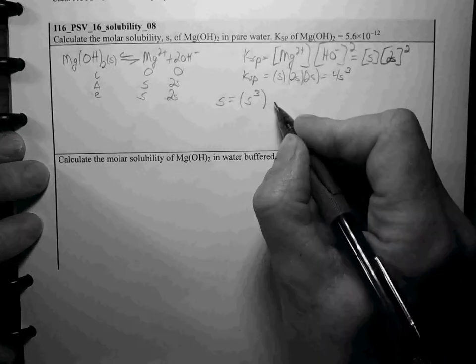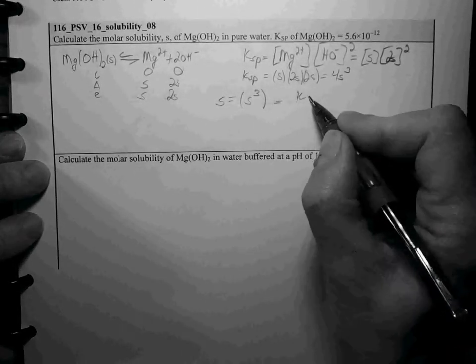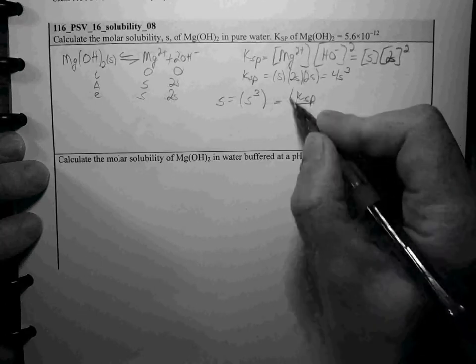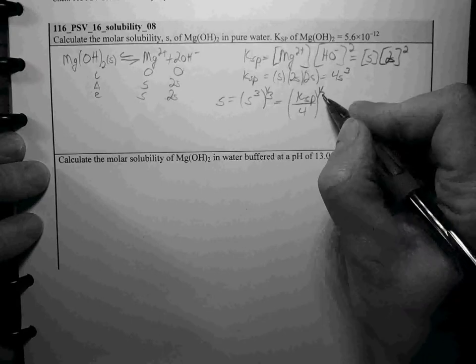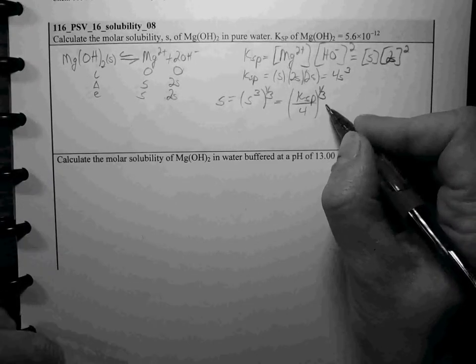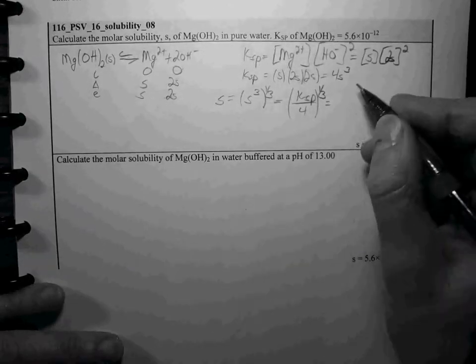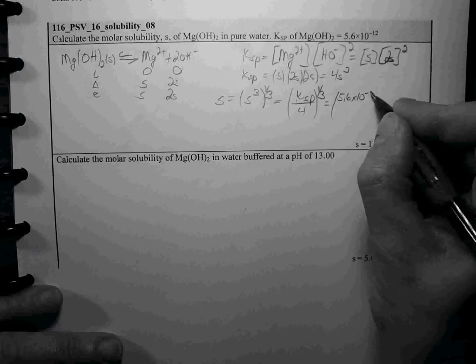So if we initially solve for S to the third, you see that's KSP divided by 4. To get S, we take the third root. And since KSP is given to us, we can pop that in there.